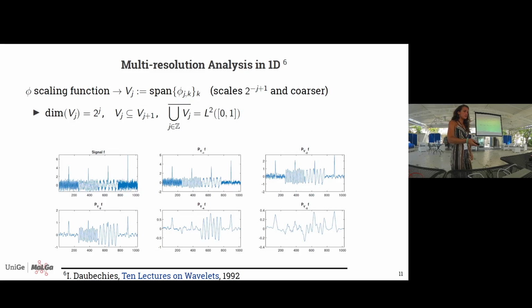This is an example of taking a signal f. We can decompose the signal by projecting it onto the scaling spaces. As we can see, if we increase the scale j, the space becomes coarser. So we analyze the coarser scale here, and here the scale is fine, very refined.